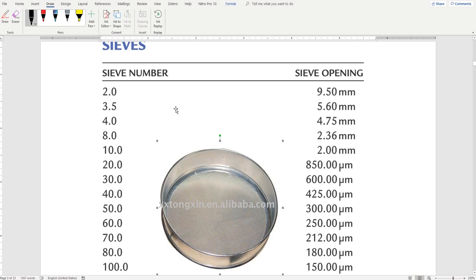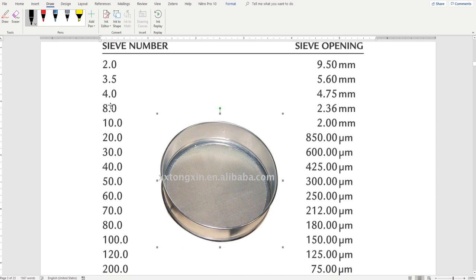Okay, I will explain this more. Now, how do they call the sieve number, and what's the relationship between sieve number and sieve opening? You have noticed that when the sieve number increases, what happens to the size of the opening? You will see that the size of the opening decreases.